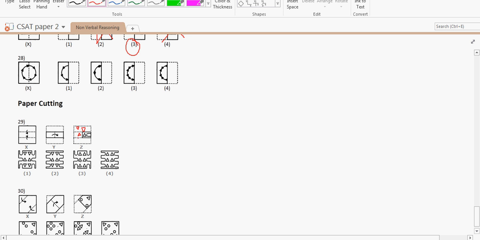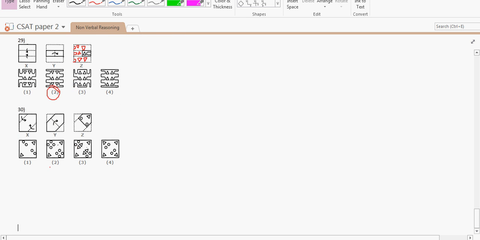And there is an inverted triangle here as well, right? And the cut would appear here, the cut would appear here, and the cut would appear here. So this is how things would look, which is very similar to option 2. So we'll mark option 2.